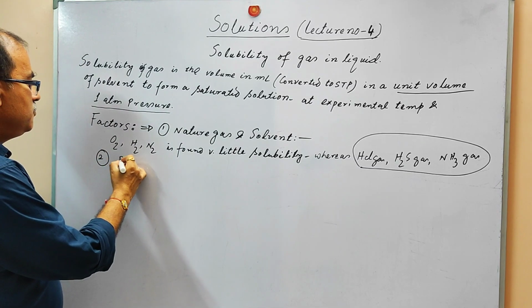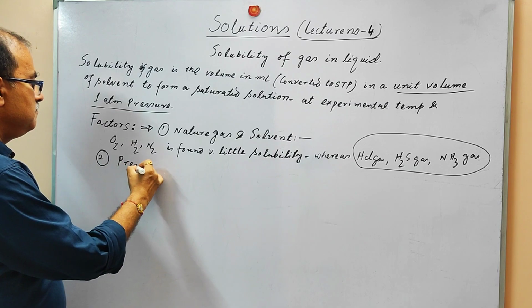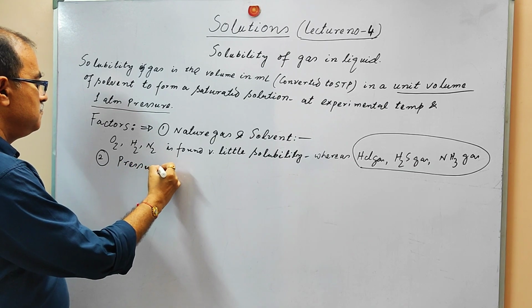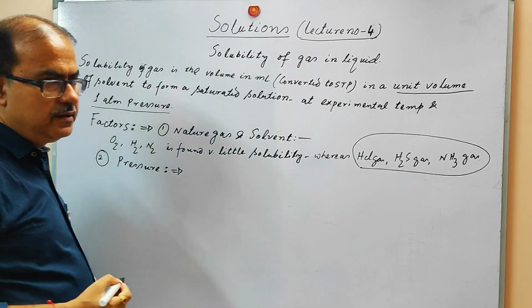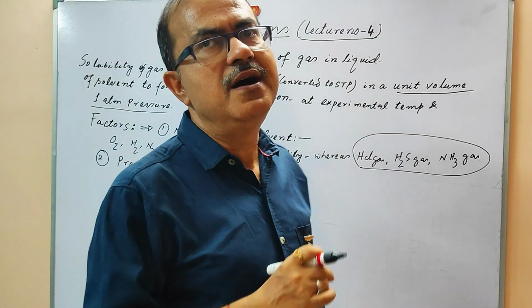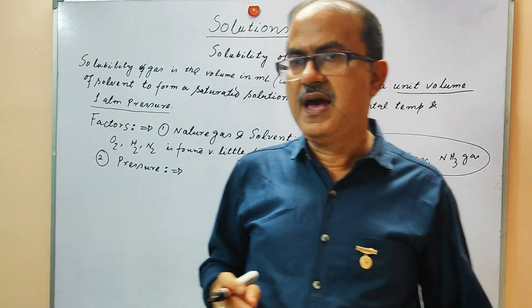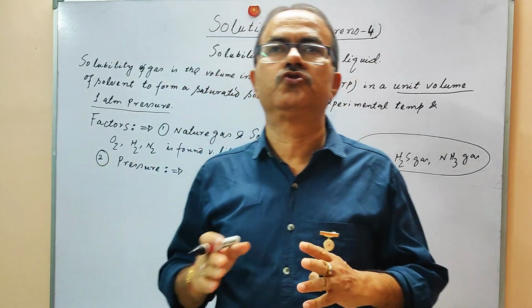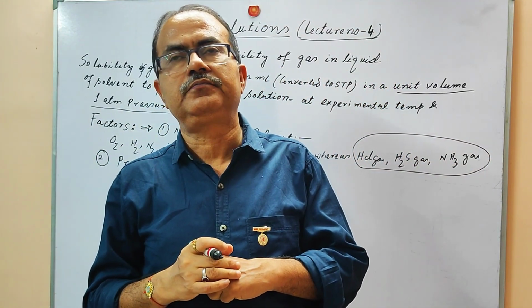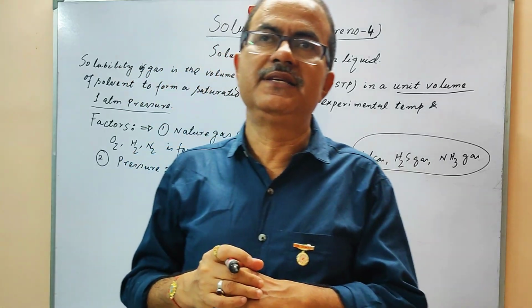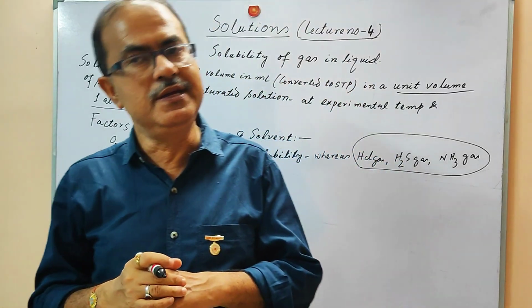Second, we are going to discuss pressure. If we increase the pressure of the gas above the solution or above the liquid, the solubility of the gas in the liquid increases.